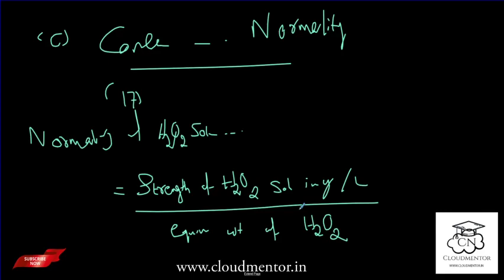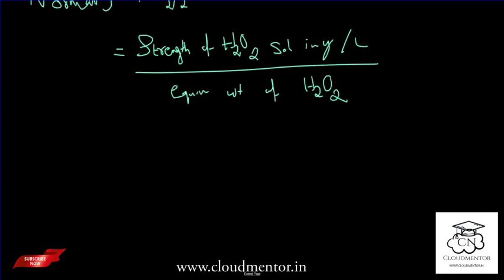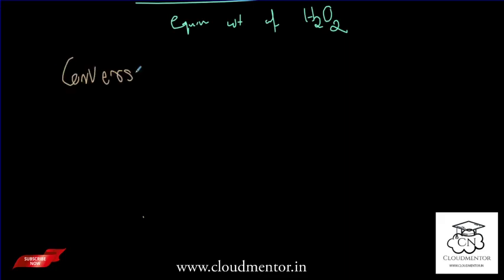Now we need to know the conversion of one concentration term into another. The concentration of H2O2 is expressed in terms of volume of O2.